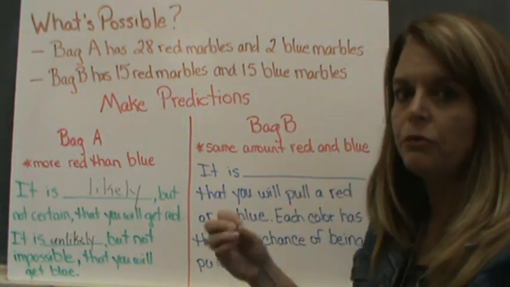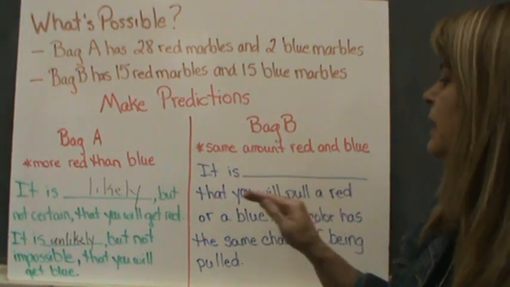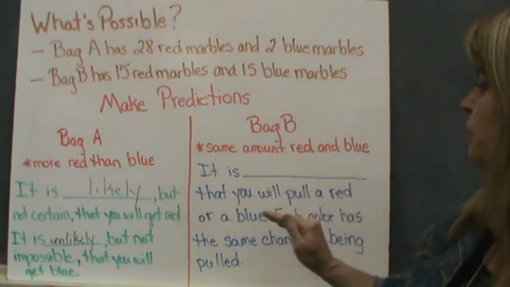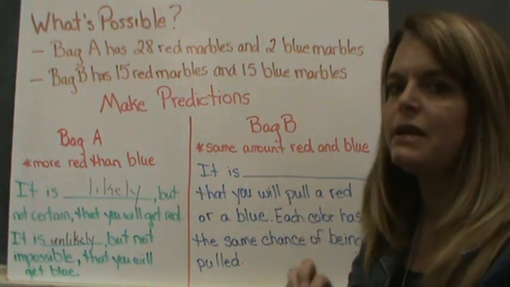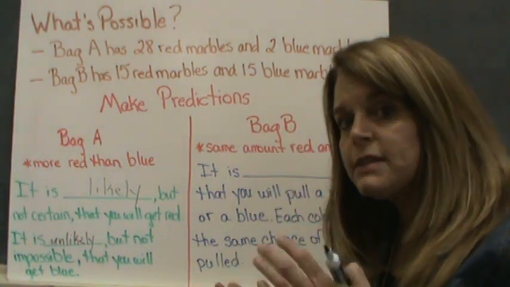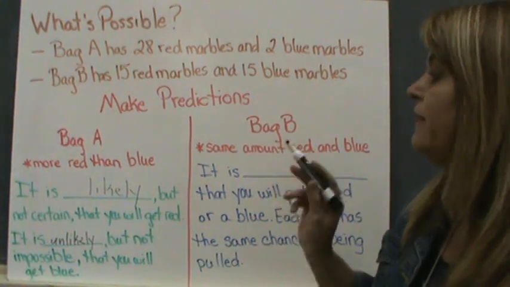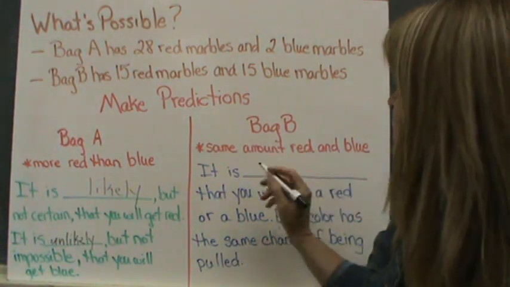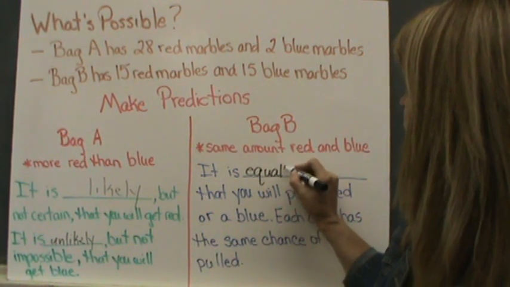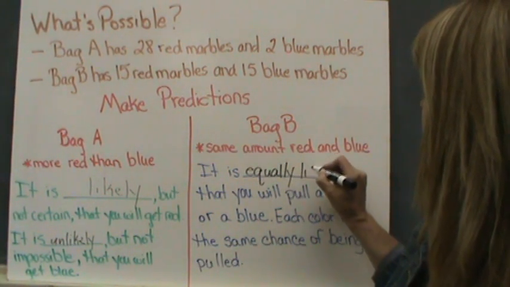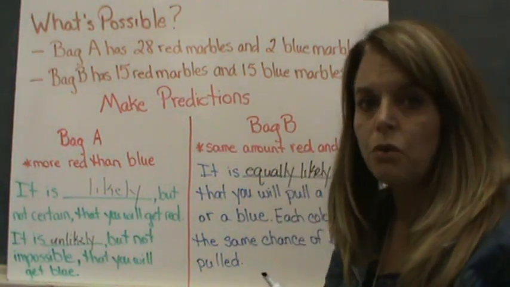I have a bag, I'm going to reach in, I have the same amount of red and blue. It is possible that you will pull a red or a blue. Remember, each color has the same chance. So if the chances are the same, the numbers are equal for the 2 different colors, then it is equally likely that I will get a red or a blue.